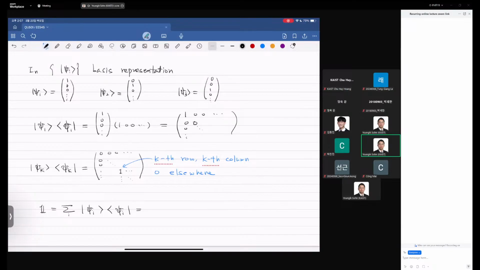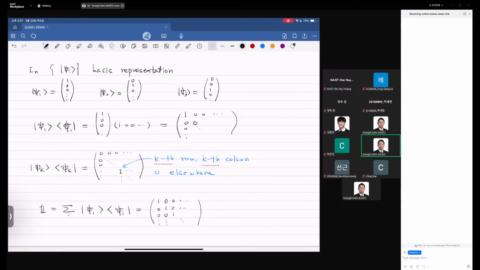You add up all the matrices. Obviously, what is going to become is what? 1, 1, 1, on going. All the others are 0, right? And then that is the same as the identity matrix. So everything's working fine with this formalism, and the bracket notation fits quite well.